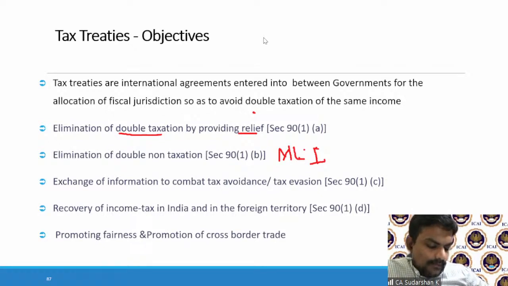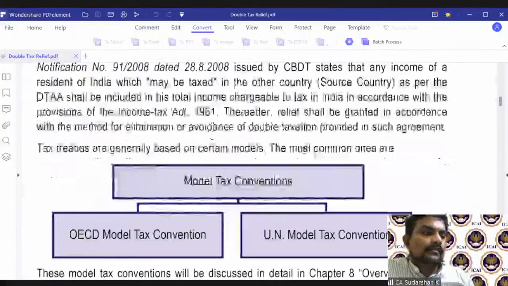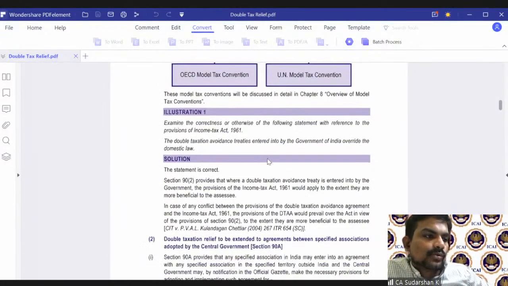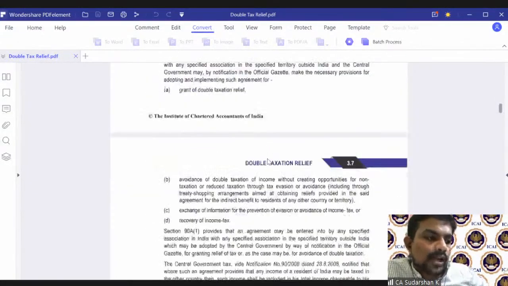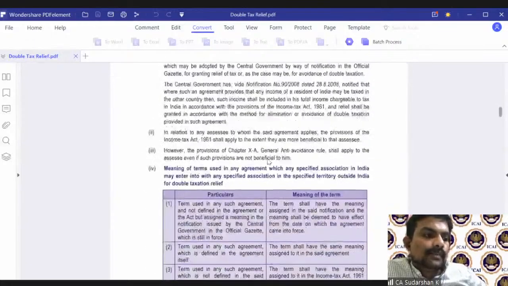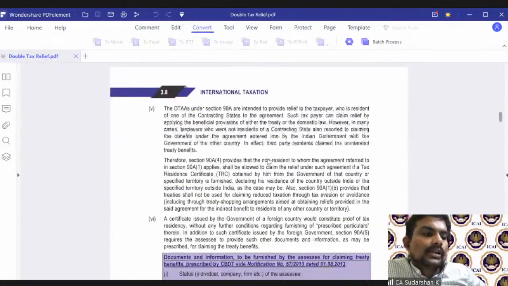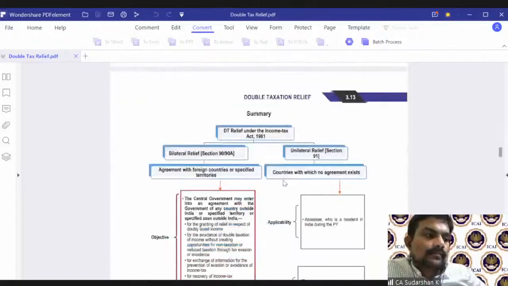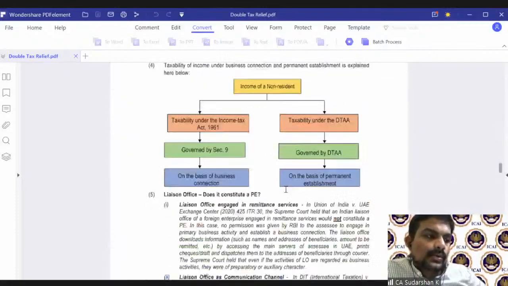Now, there are quite a lot of illustrations and exercises in the material, please have a look at them. I know we've covered quite a lot on double tax relief, so I'm not going to go through it, but I would strongly advise, please look at the exercise problems starting from question number 1 to 8.